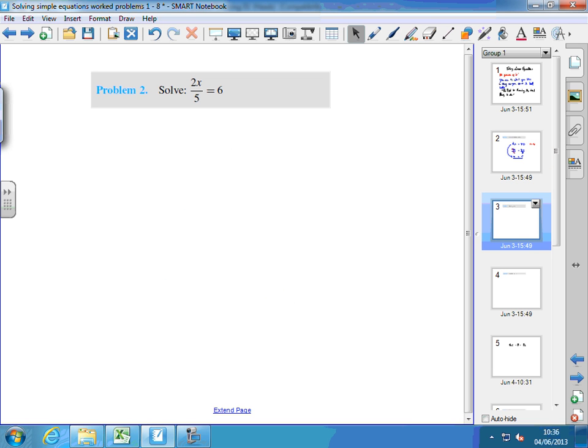Looking at this one, solve 2x divided by 5 equals 6. Looking again at the left-hand side, what's happened here is I've multiplied by 2 and I've divided by 5. So I've done two things to x.